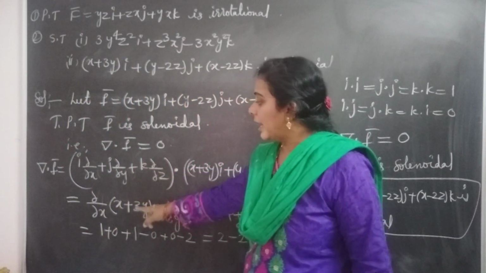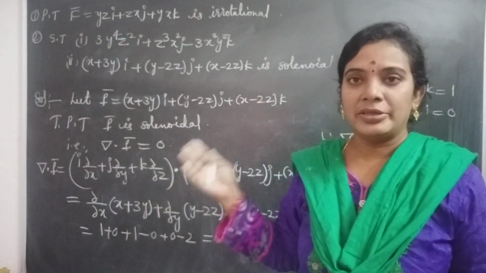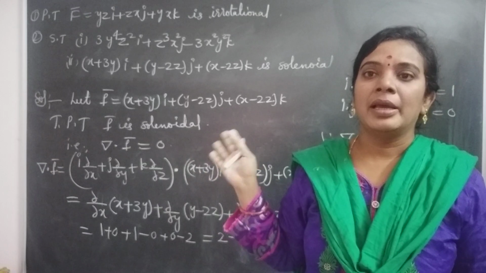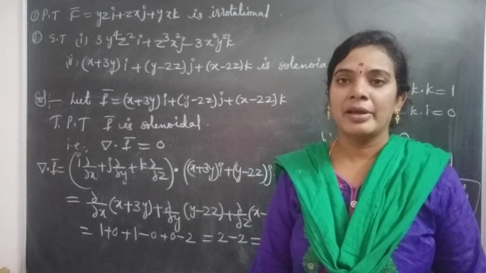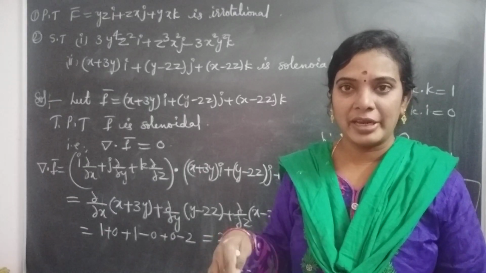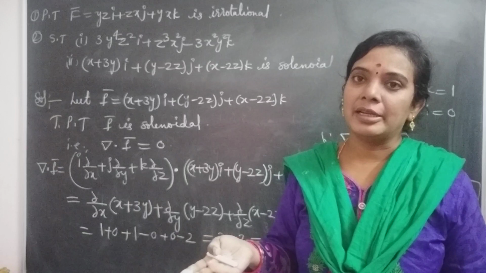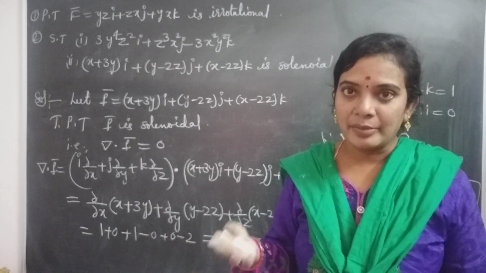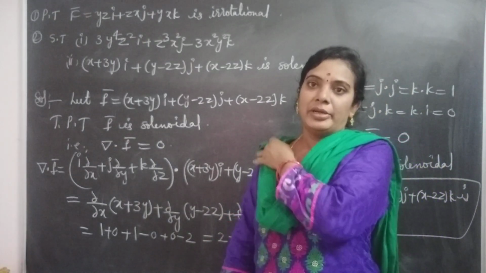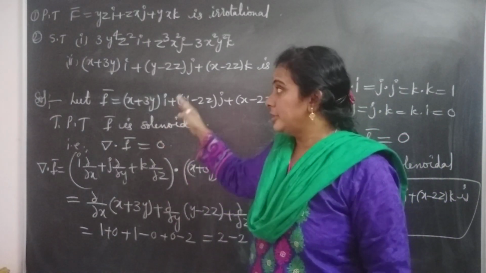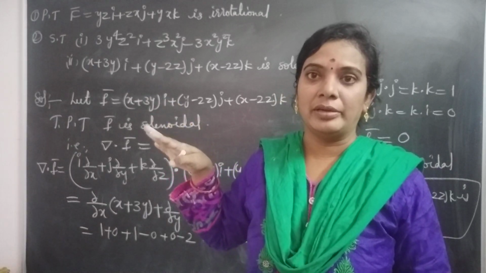Then we can directly differentiate the i component with respect to x, the j component with respect to y, the k component with respect to z, and simplify. After the simplification, if we get 0, then the given vector point function is solenoidal. This is the way we can find out irrotational and solenoidal.